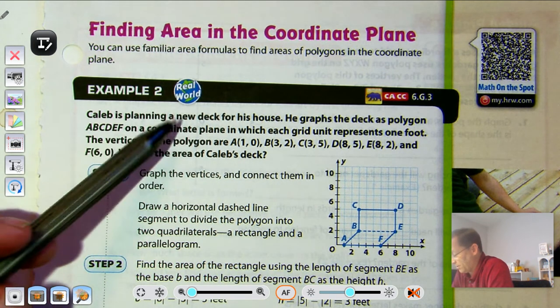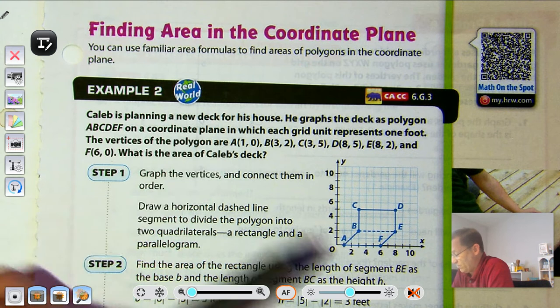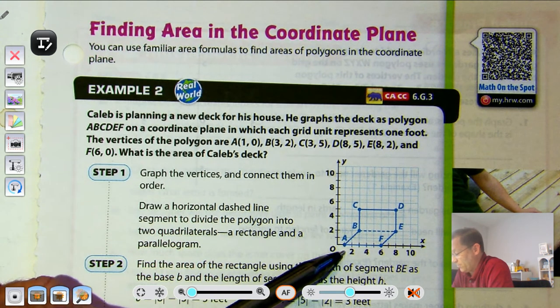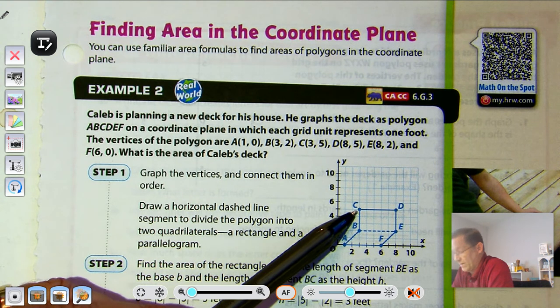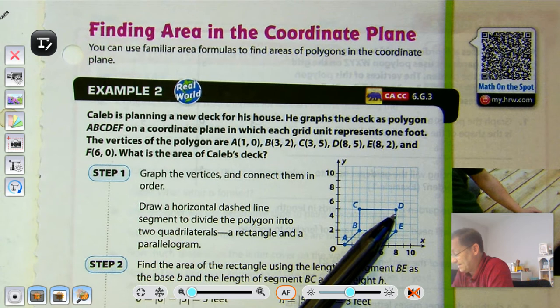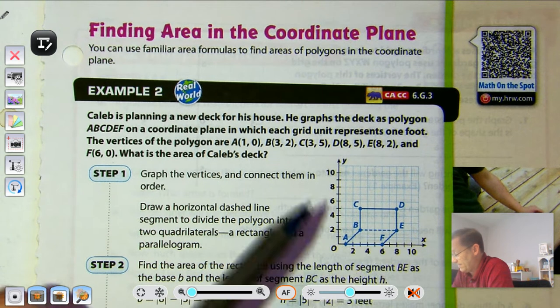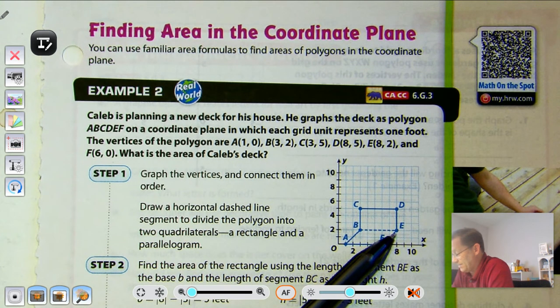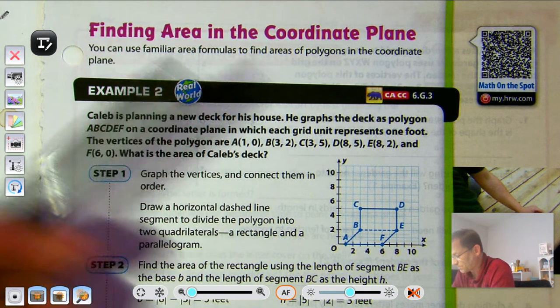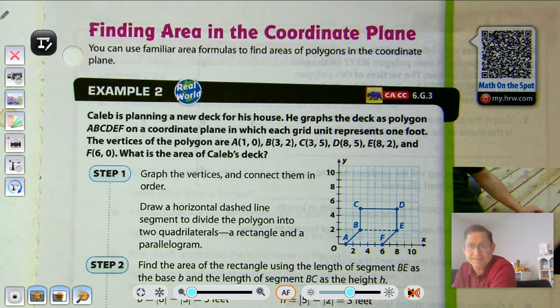The vertices of the polygon are point A (1, 0), point B (3, 2), point C (3, 5), point D (8, 5), point E (8, 2), and F (6, 0). And we have to find the area of Caleb's deck.